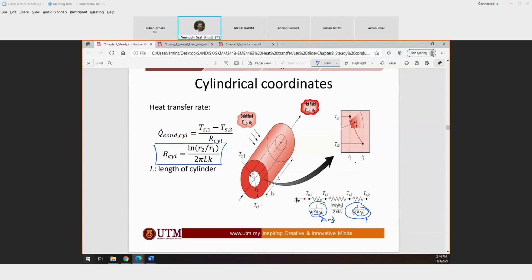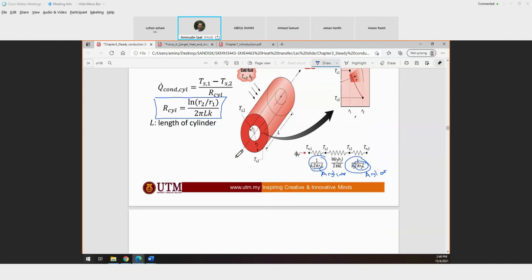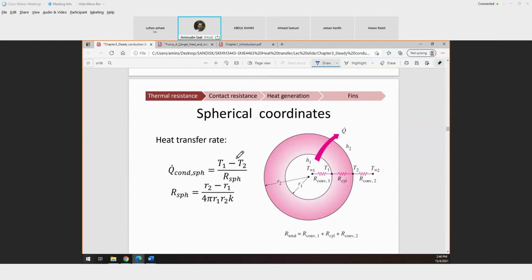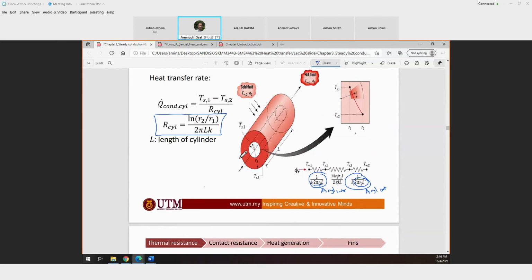So this is the cylinder, air cylinder outside, air cylinder inside. Sorry for the bad handwriting. I hope you can understand the calculation. So this is for the cylinder.